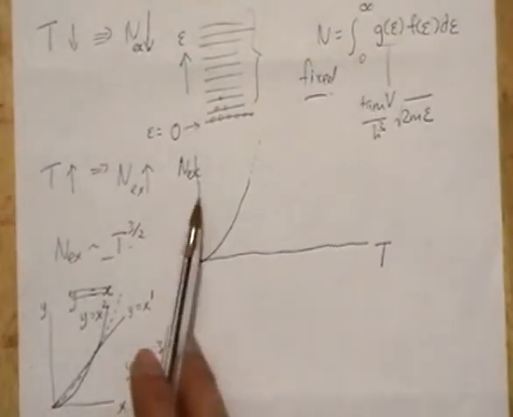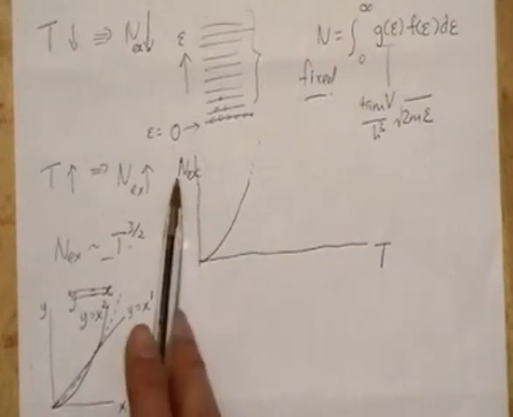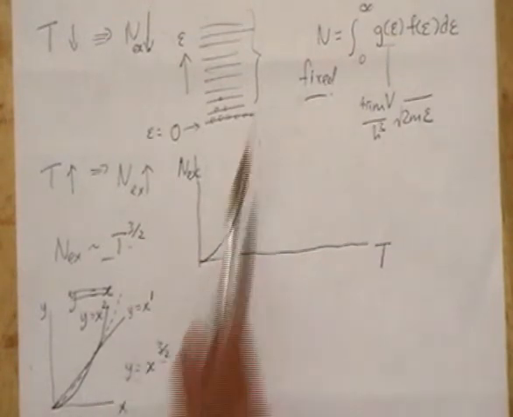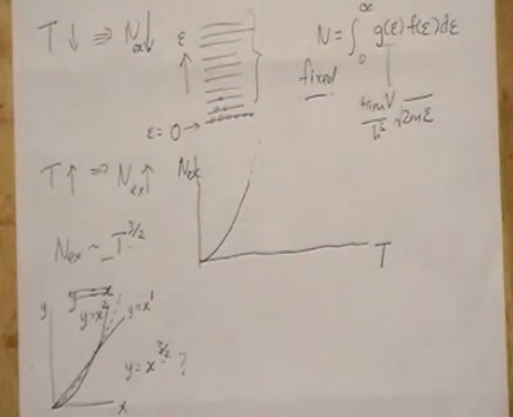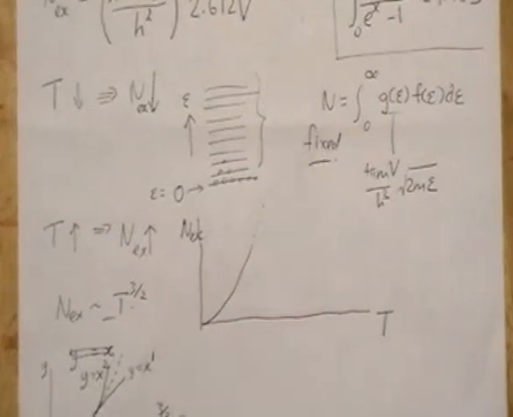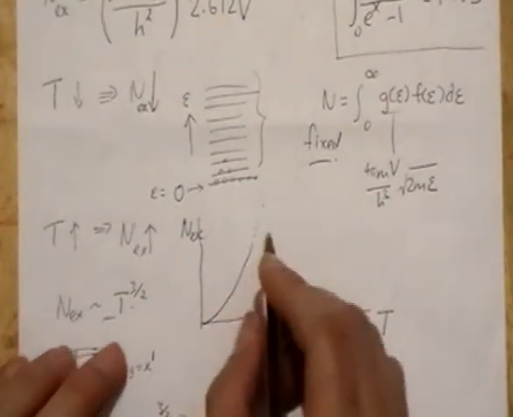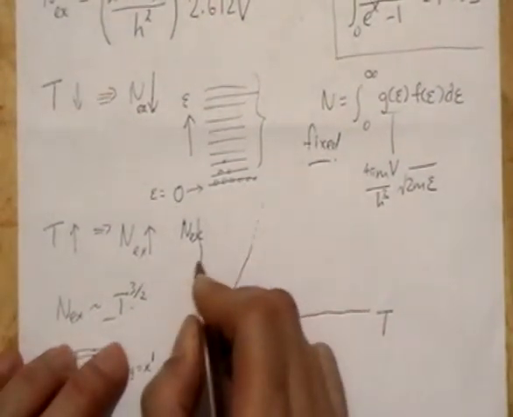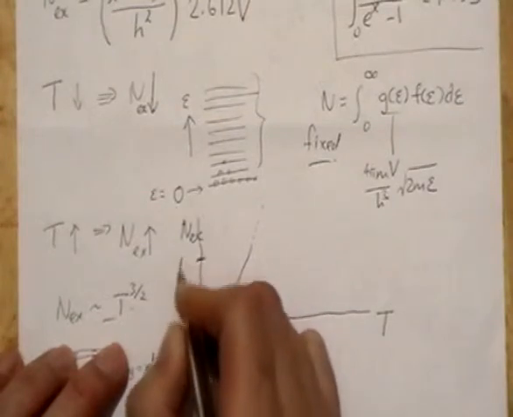So NEX, the number of excited particles, cannot just keep going up forever. Surely it can't get more than the total number N. Okay, so let's say N is there.